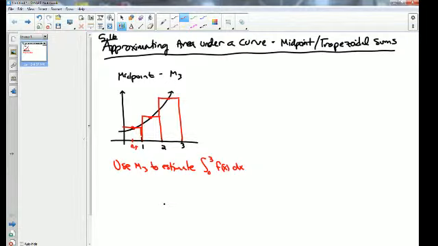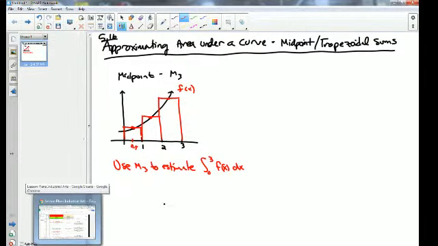I did not mention that yesterday in notation. I'm sorry. But it sounds like you guys figured it out. So that's a graphical example of a midpoint sum. I understand you could just look at it on a graph, but in a table, how would you calculate it? I'm going to show you.